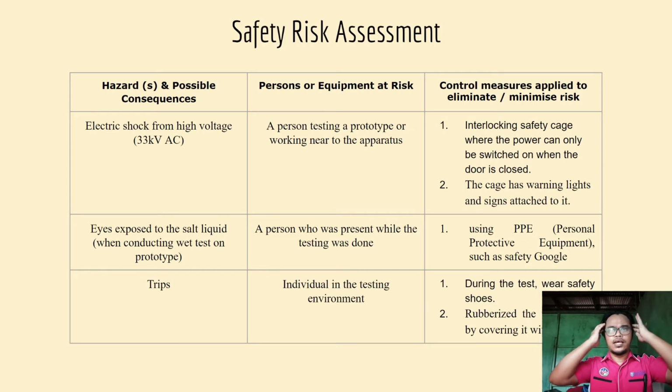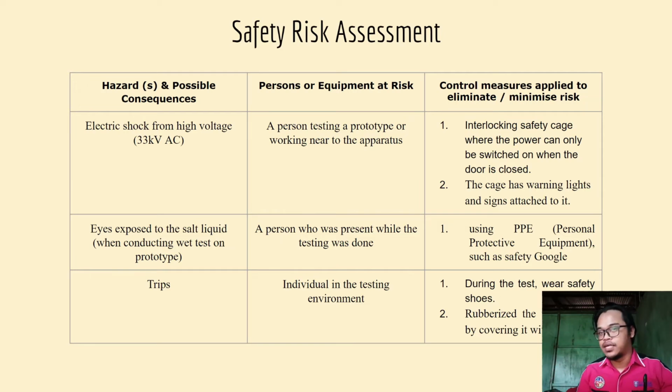Second, the hazard is eye exposure to the salt liquid when conducting a wet test on the prototype. The person at risk is anyone present while the testing is done. The control measure is using PPE, personal protective equipment, such as safety goggles.